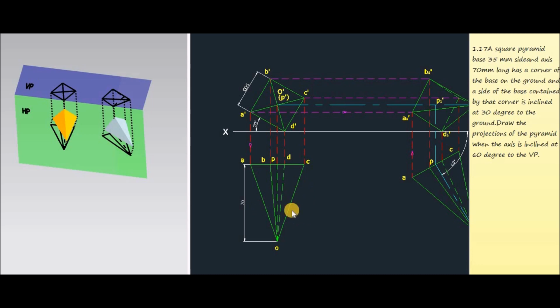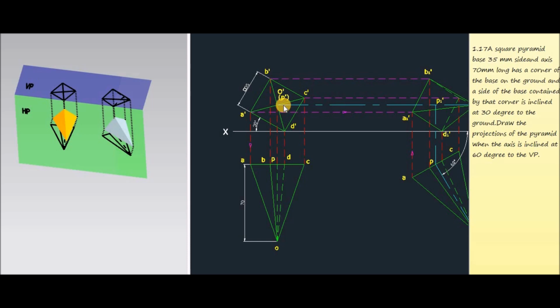Now we have to represent this figure in the 2D plane. So consider the square here. In the top view, the corners are represented as A dash, B dash, C dash, D dash, points O and P. Here P dash is represented in brackets.